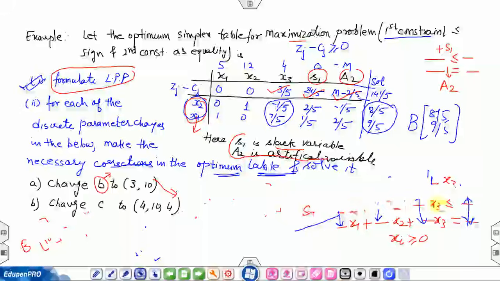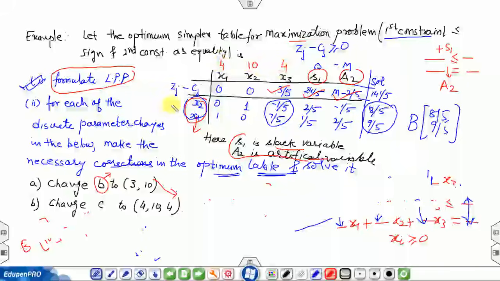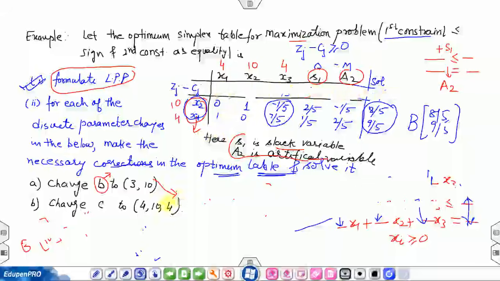So you can replace this number with 4, this is 10, this is 4, and then try to compute the value, because C is represented by the Zj minus Cj.